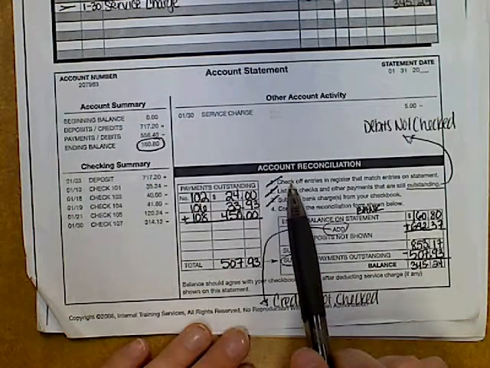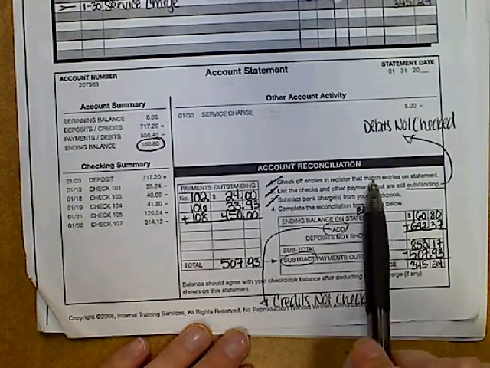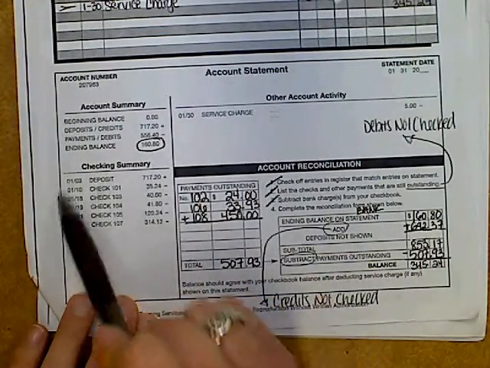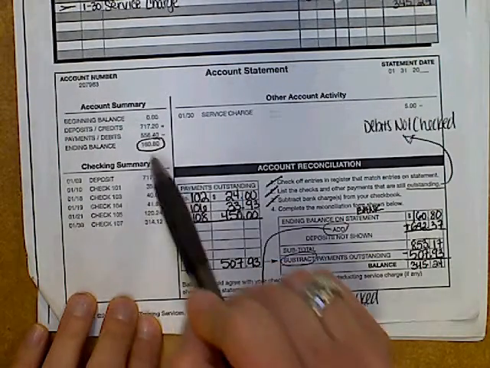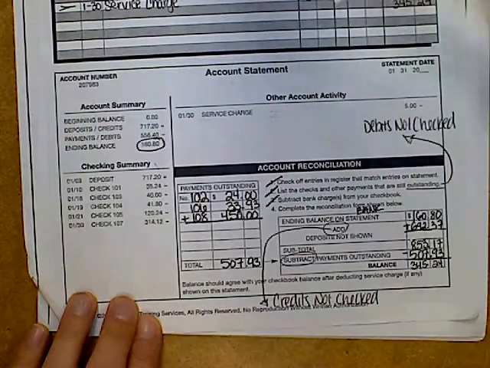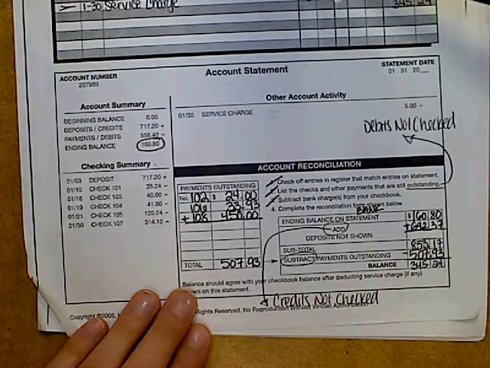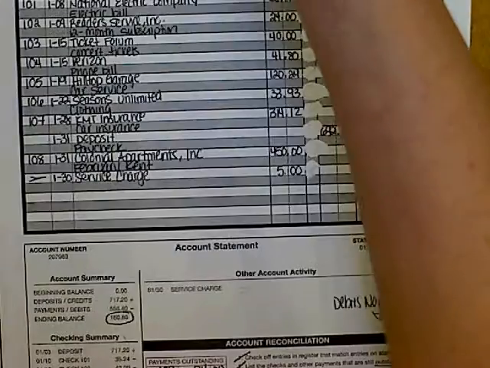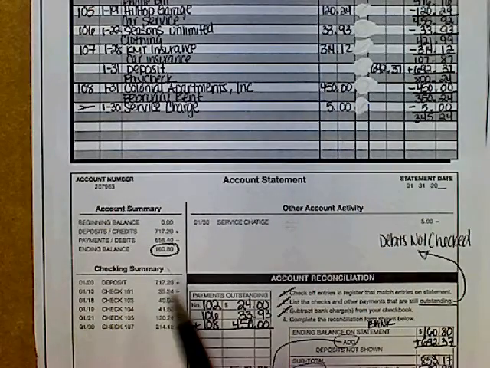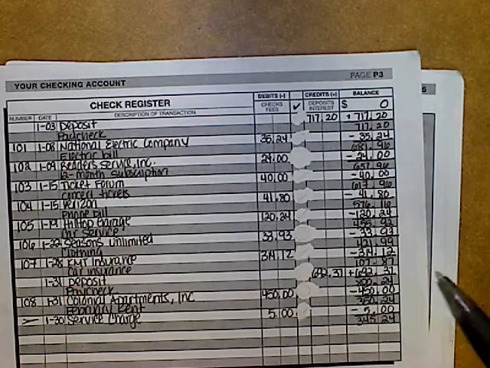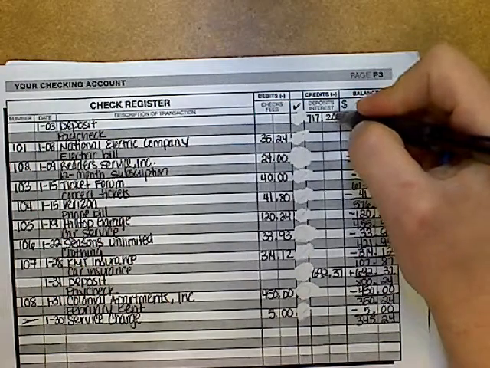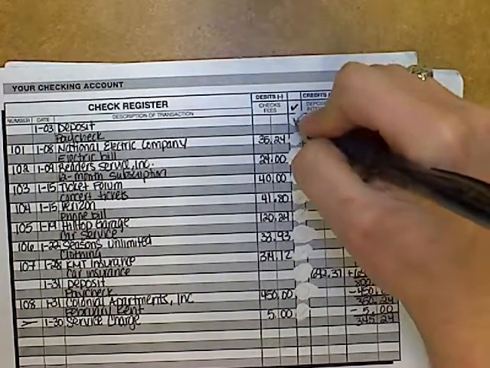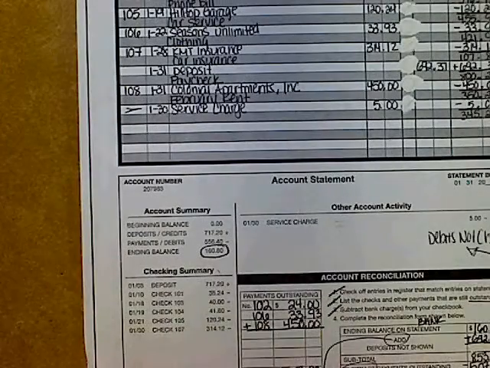Therefore, the deposit may not show up on this bank statement. It may come in February's bank statement. And last but not least, the bank sometimes charges you things. Like here, they're charging you a service charge of $5. You don't know that until you get your bank statement. So those are 3 reasons why your account balance and the bank's account balance may be different.